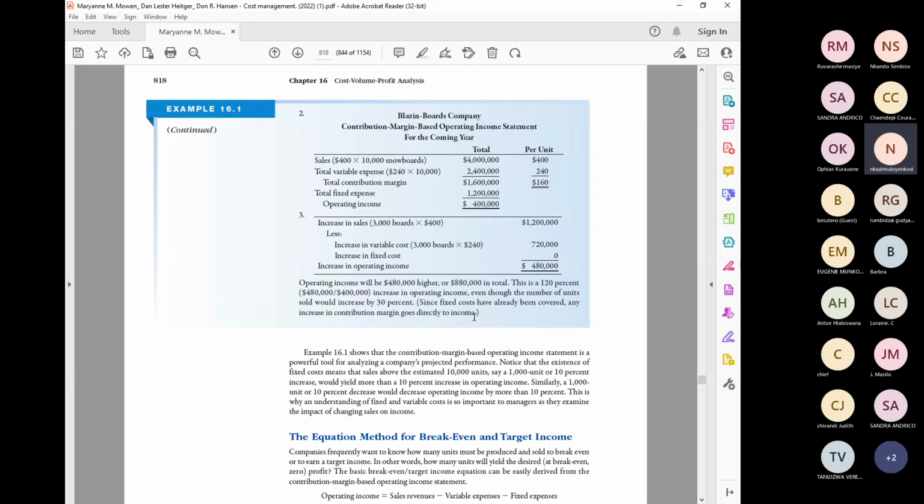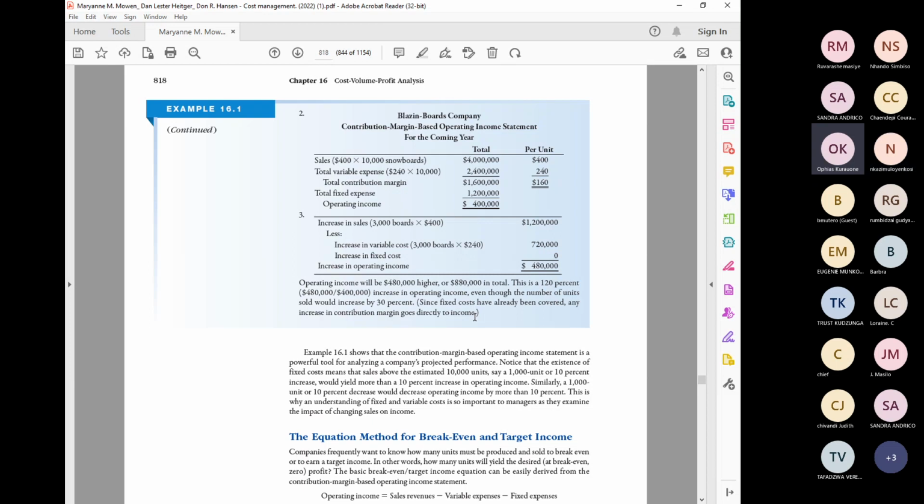Question 2. Lazen Board's company contribution margin based operating income statement for the coming year. You should borrow knowledge from the previous studies where we were doing an income statement.